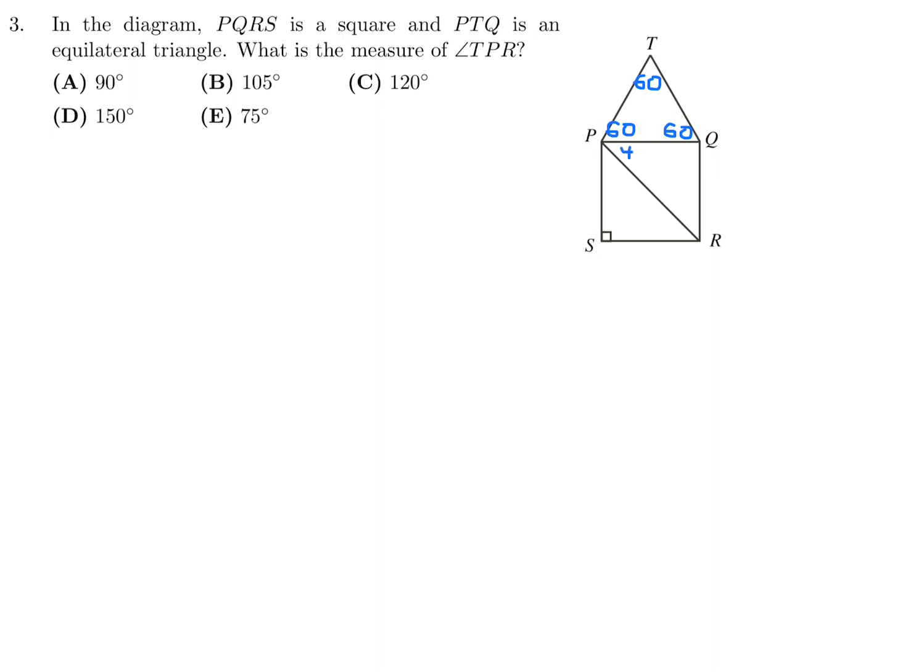They want TPR, so TPR is this angle. Those two combined would become TPR, and that obviously is 60 plus 45, which is 105. Number 3, therefore, the answer is B.